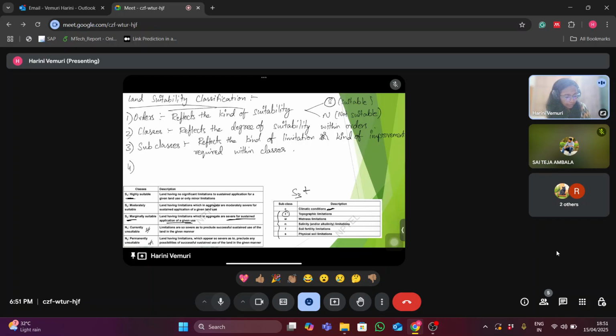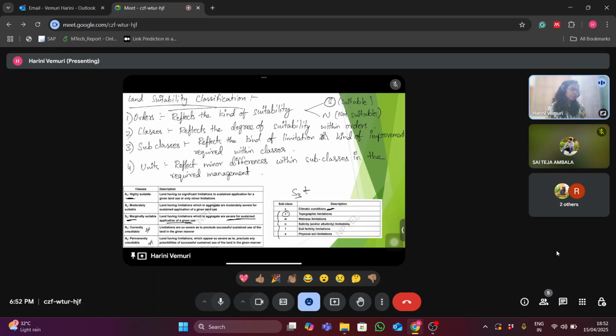And further dividing the subclasses, we have units, which reflect minor differences within subclasses in the required management.